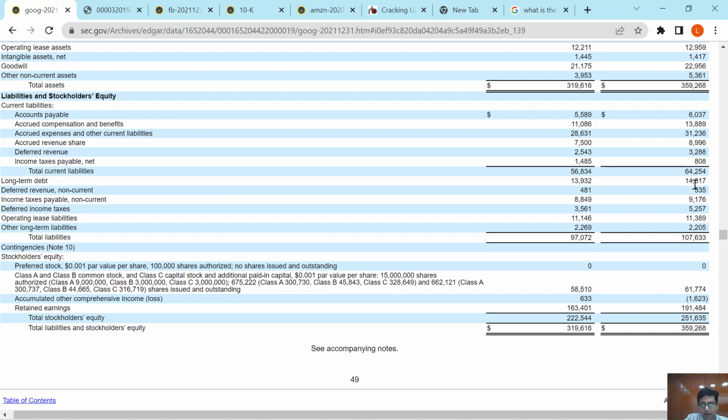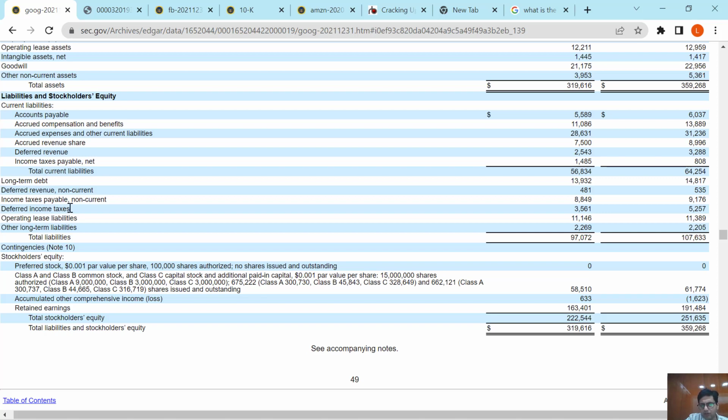Now comes the long-term debt, that is debt which will be paid after a year. This is not to be paid within 365 days. Deferred revenue, again advance from customers which are being given for more than a year. Income tax payable, non-current, these are payable after a year. Deferred income taxes, this is more of a general entry and it's not required to analyze your business too much.